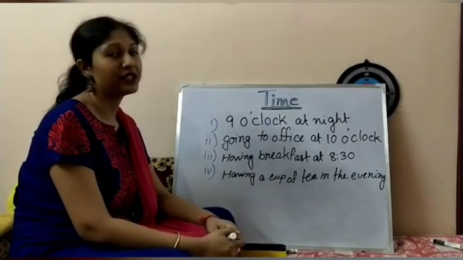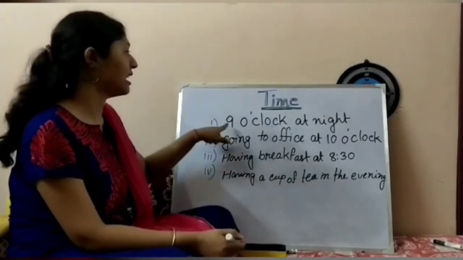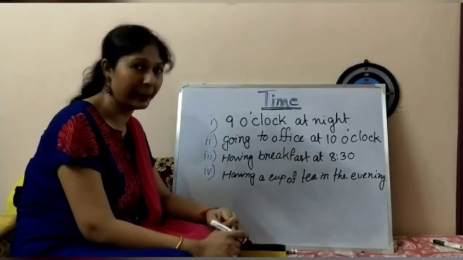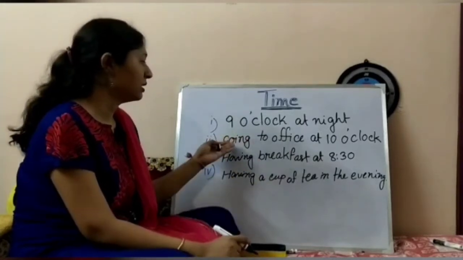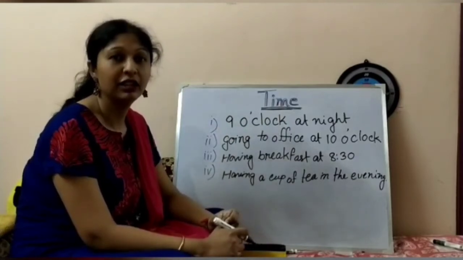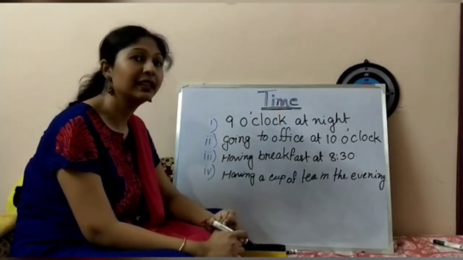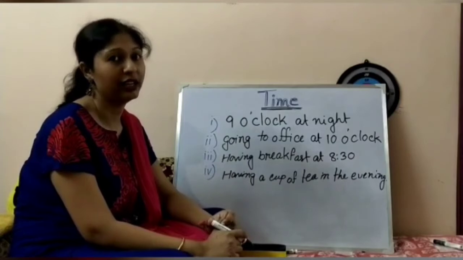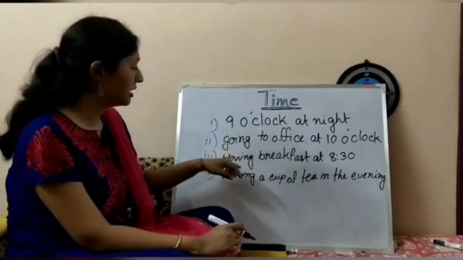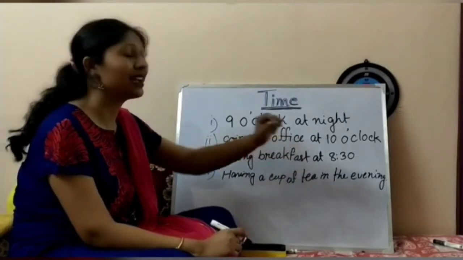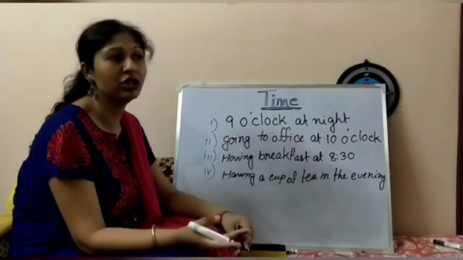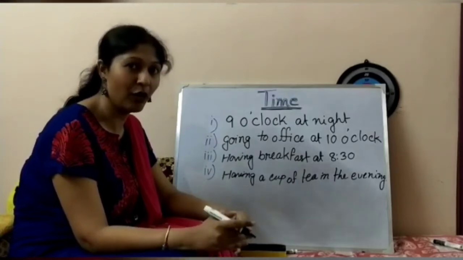Here, if someone tell us that 9 o'clock at night, it means that is a 9 p.m. Going to office at 10 o'clock. 10 o'clock means morning 10 o'clock, that is a.m. 10 a.m. Next, having breakfast at 8:30. So breakfast we know that we usually do in the early morning.